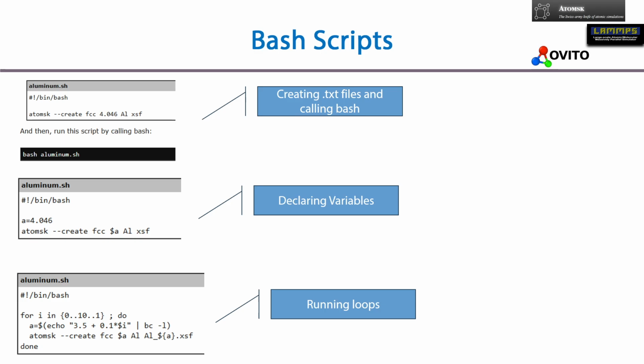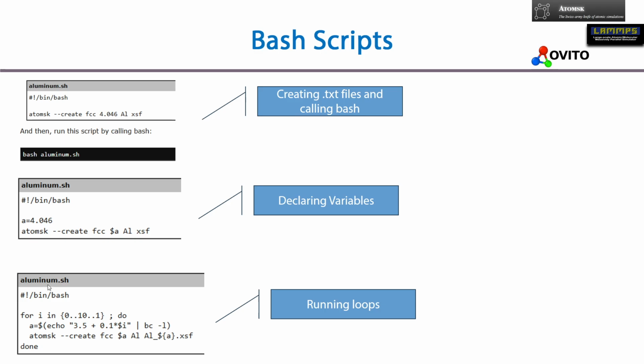You can just write a script and directly run that script with the help of bash. As you can see in the last example here, I am trying to run loops with the help of bash. If you had to do this in the ATOMSK shell, you would need to run each line separately, and the syntax in the ATOMSK shell is also very difficult because you need to be careful of a lot of things.